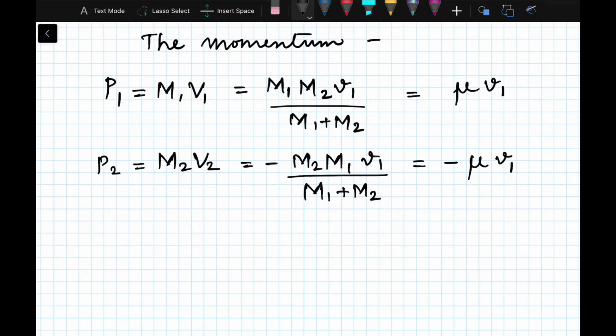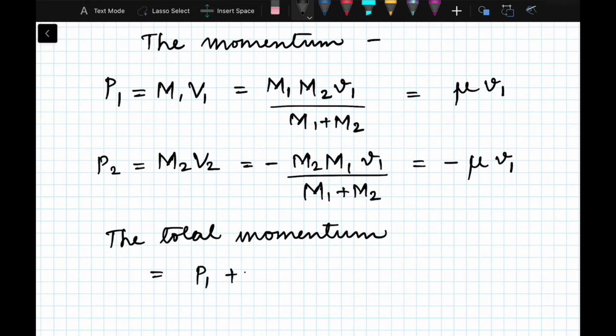Therefore we can write the total momentum as P1 plus P2, which is equal to mu v1 plus minus mu v1, which is nothing but 0.